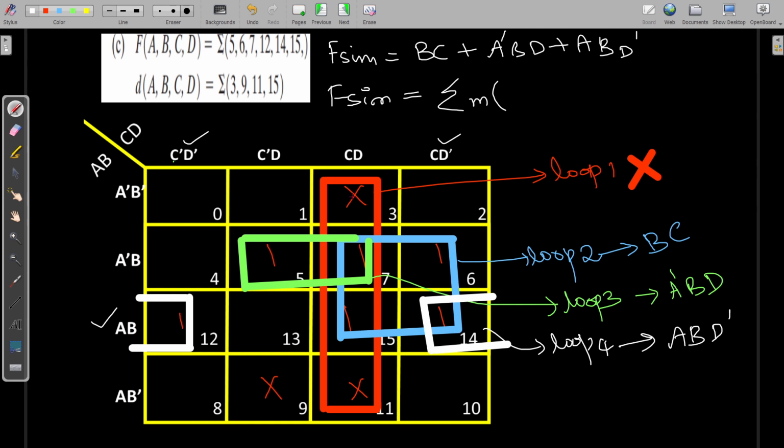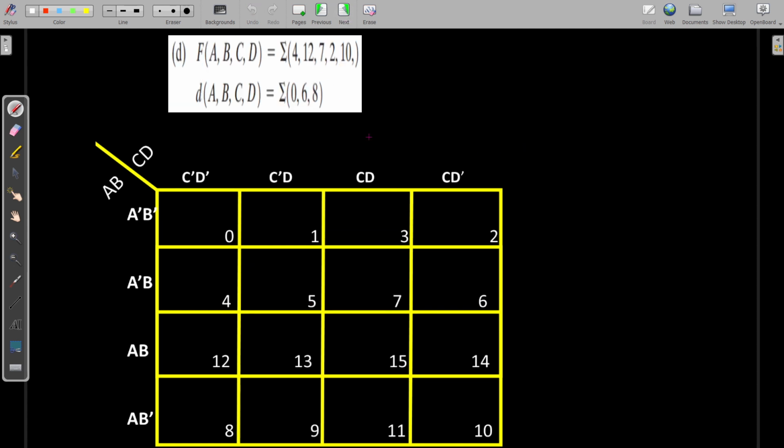We didn't consider this 3, because loop 1 is cancelled. So 5, it is 5, 6 here, 7 here. Then this is not considered at all, right? So here 12, 14 and 15. So this is the answer. We'll move on to the next.